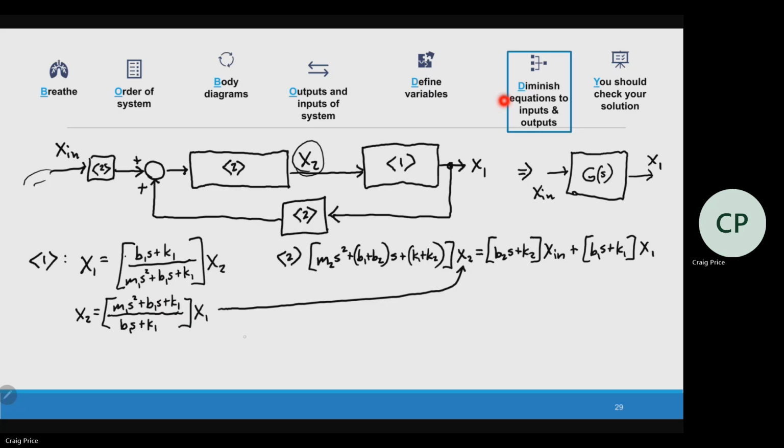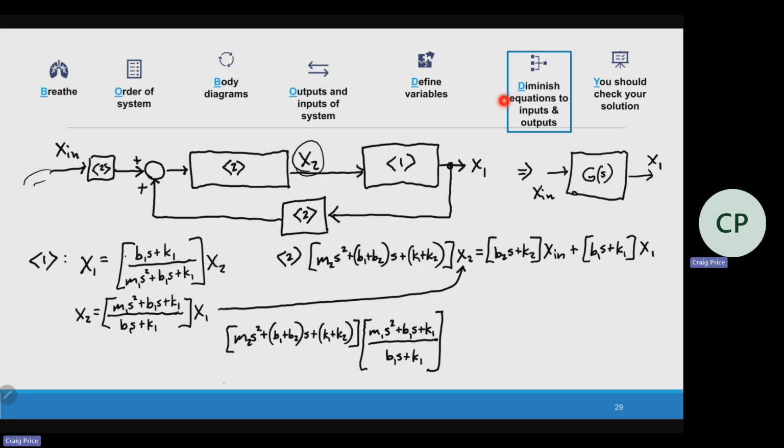So here we go. This becomes m2 s squared plus b1 plus b2 s plus k1 plus k2. This is going to be multiplied by m1 s squared plus b1 s plus k1 over b1 s plus k1. I'm missing an x1.